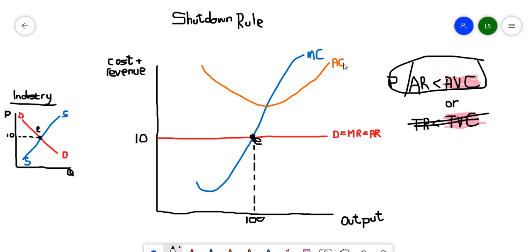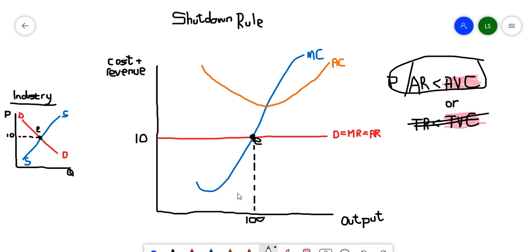His average cost has to be higher than the average revenue so that we know, okay, this guy's making a loss and therefore he will consider shutting down. But in order to see if he will shut down or not, we need to add the average variable cost. Now again, when we put in the average variable cost, remember the shape of your average variable cost is exactly the same as your average cost.